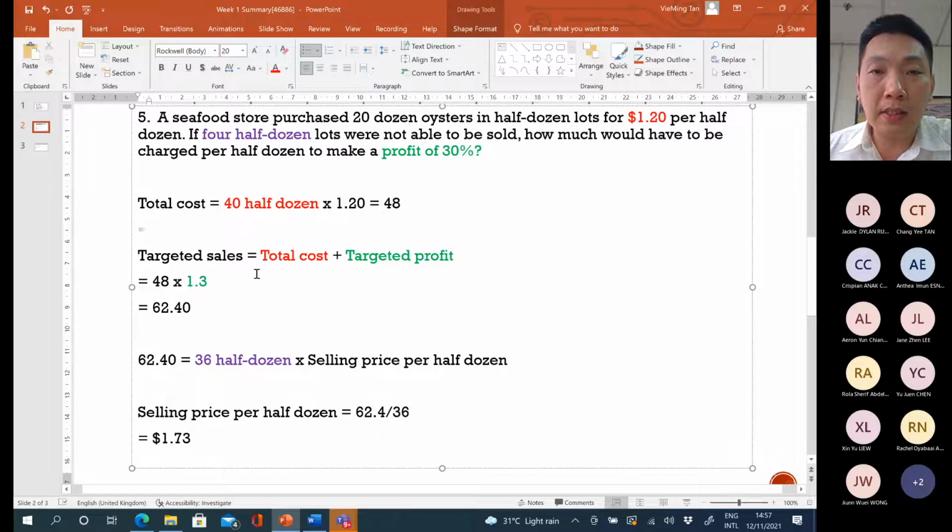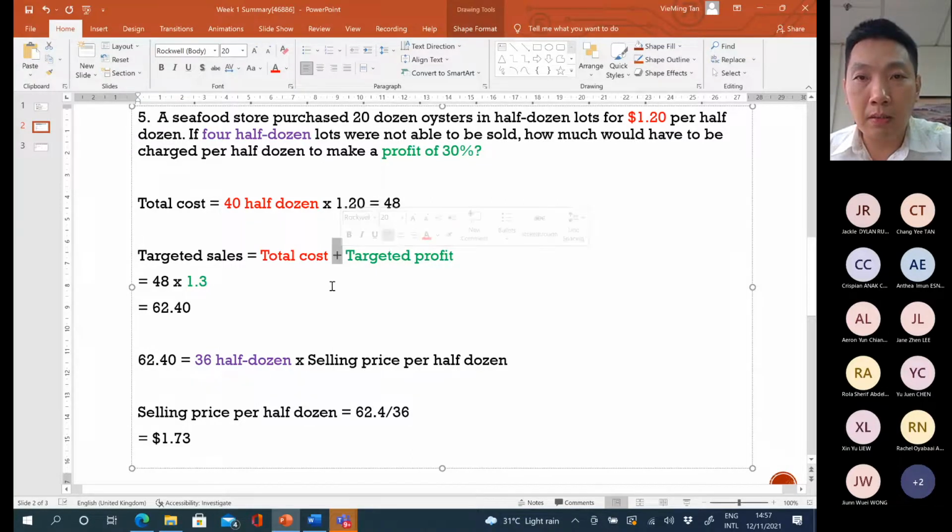Targeted sales is using the total cost plus the targeted profit, or you can use the multiply. This is the profit rate.